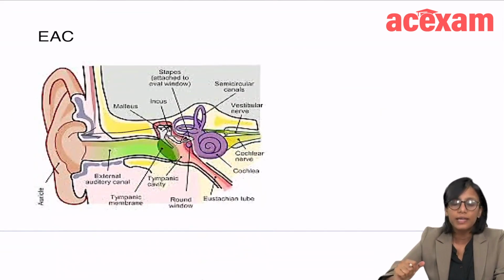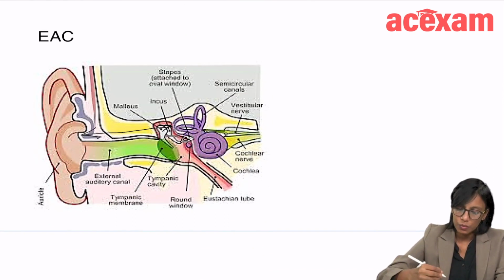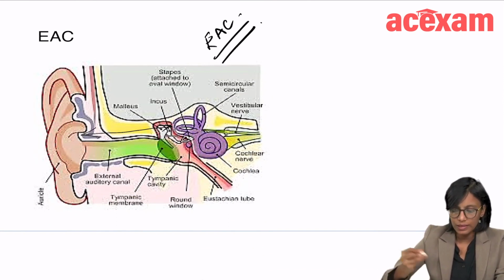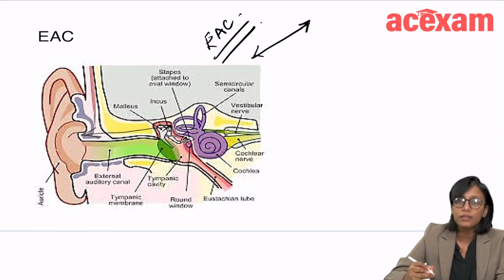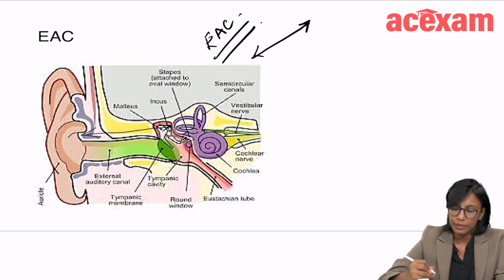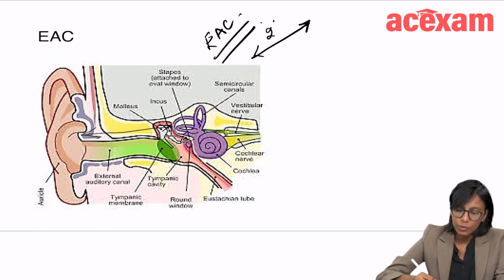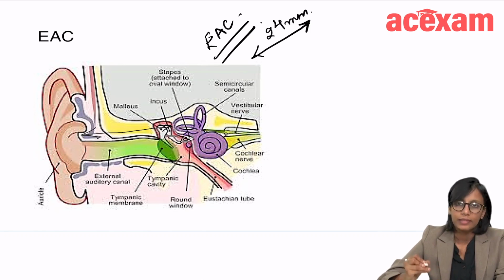Now let's come to the external auditory canal. The external auditory canal lies from the pinna to the tympanic membrane. It is around 24 millimeters in length.